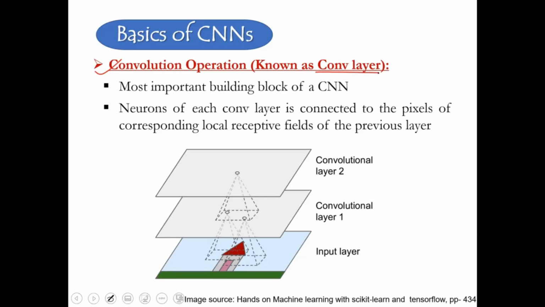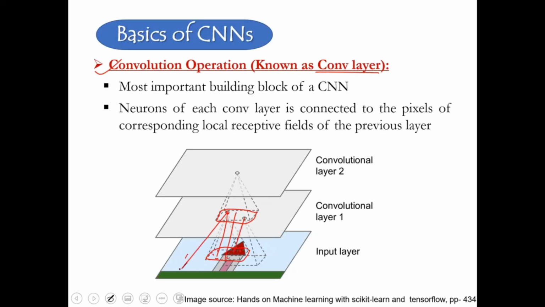Here, what is happening? Suppose we are applying a convolution operation in this portion. The neurons of this portion will generate some other next layer. In the next layer, these neurons are connected only to these neurons.